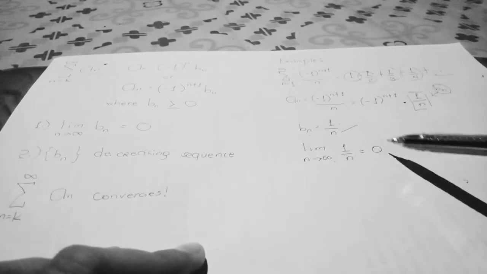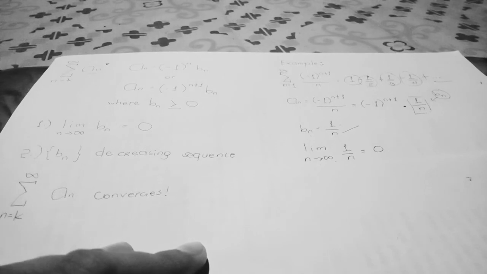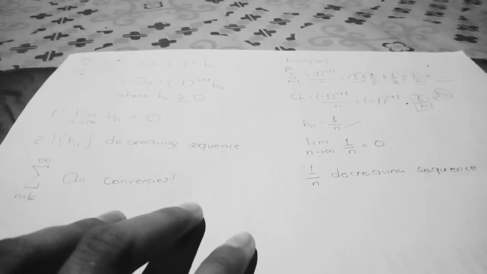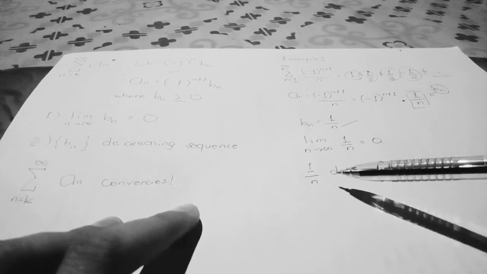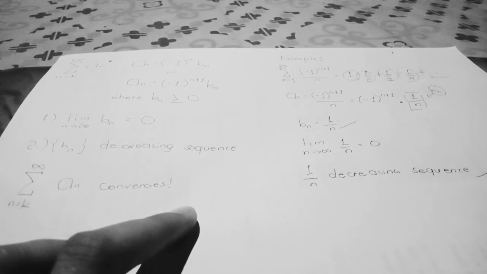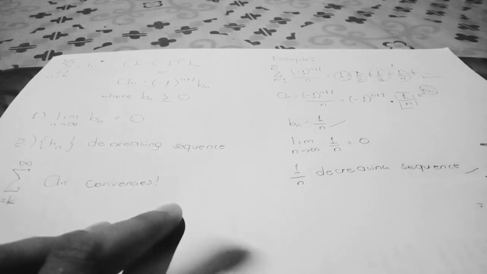So the limit as n approaches infinity of 1 over n is equal to 0. As I said earlier, from the true statements, once the limit as n approaches infinity of b sub n is equal to 0, it shows that our 1 over n is a decreasing sequence, right?